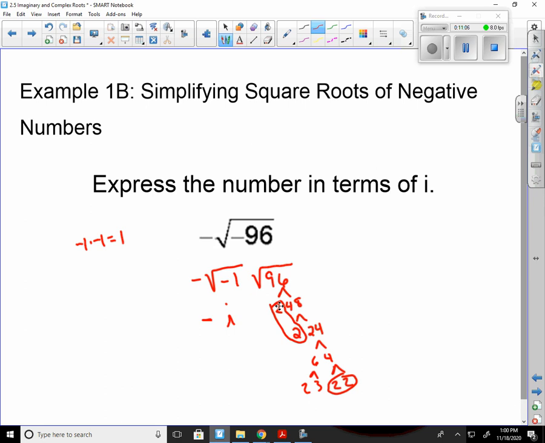So we have a pair of 2s, and whenever we have a pair, just one of those 2s comes out in front, right? If we have another pair of 2s, that comes out here. And then these are by themselves, right? No pair. So that stays inside the root.